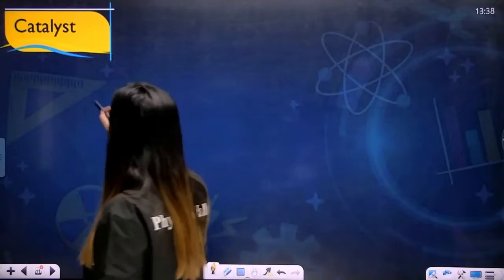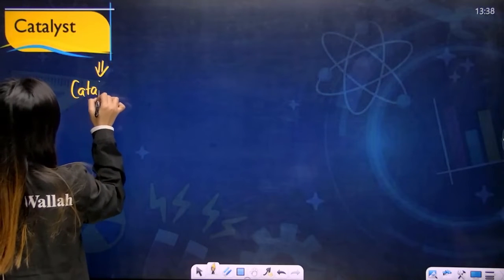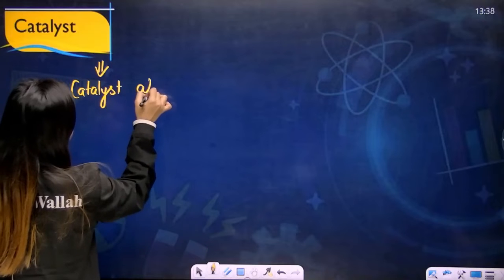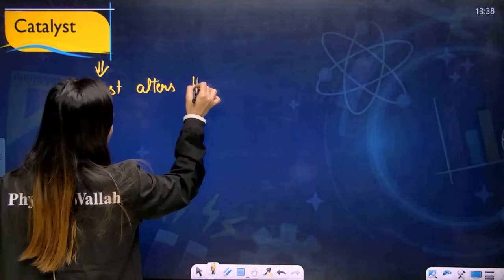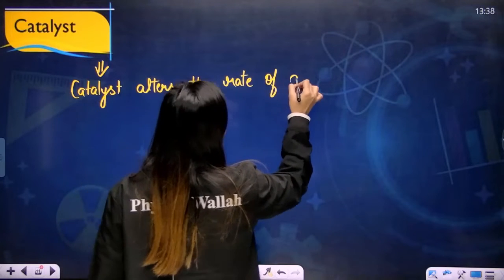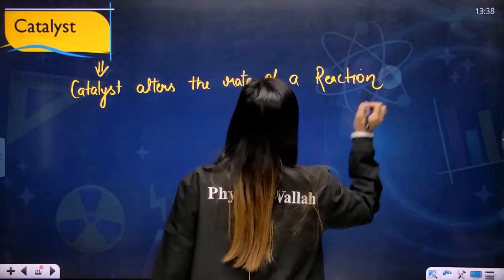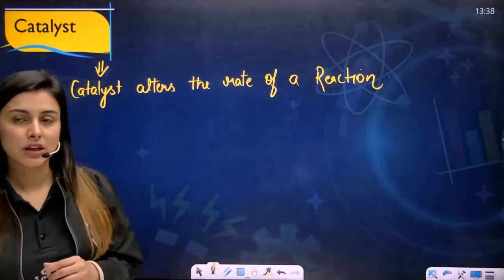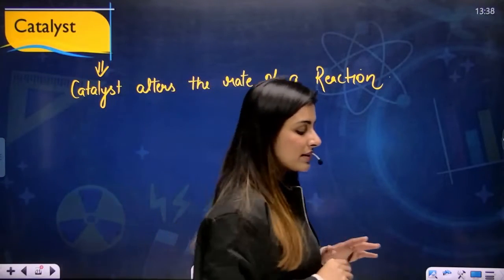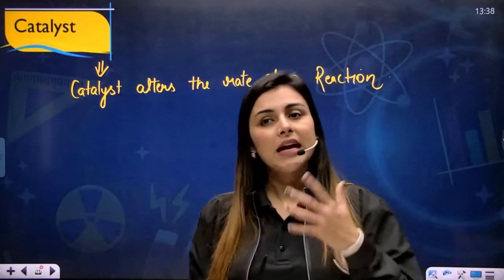Okay, so first and the most important definition would be: catalyst alters the rate of a reaction. Catalyst actually alters, that is, it changes the rate of a reaction. It might increase or it might decrease. I'll give you both the examples.